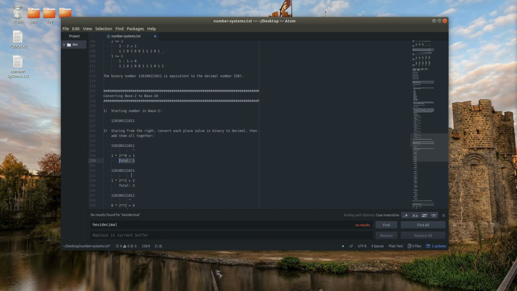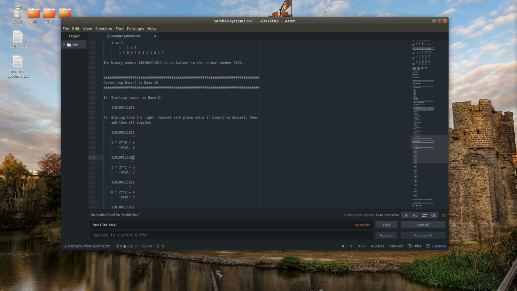And then move to the next digit. This is the 2's place. So we have a 1 in that position, and it's 1 times 2 to the first because it's 2 to the 0 on that position, 2 to the first on this position, 2 to the second, third, fourth, fifth. Okay?